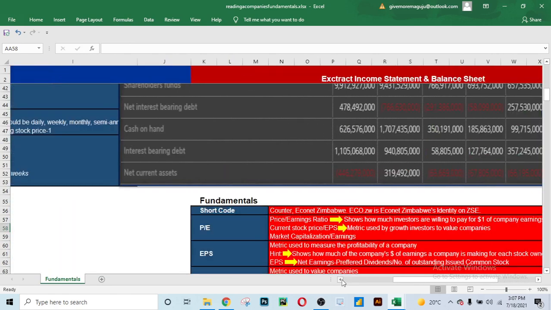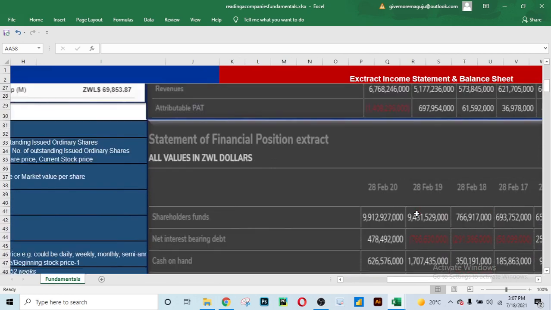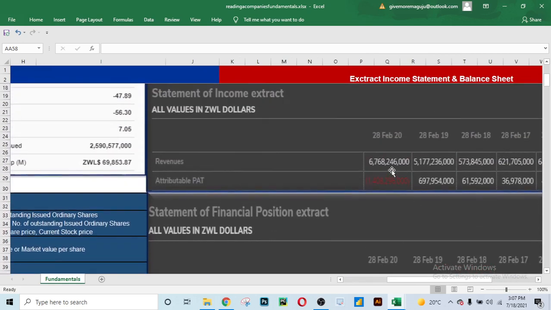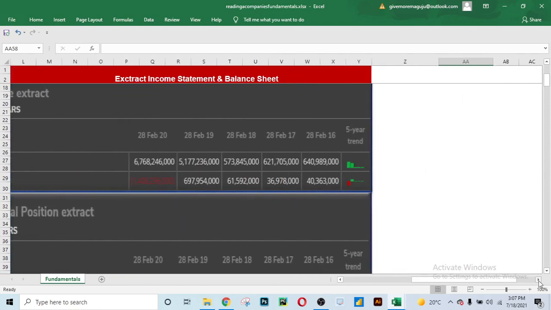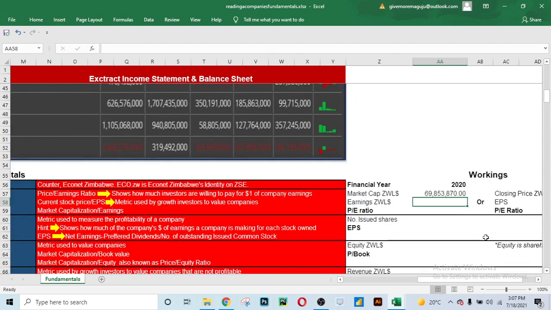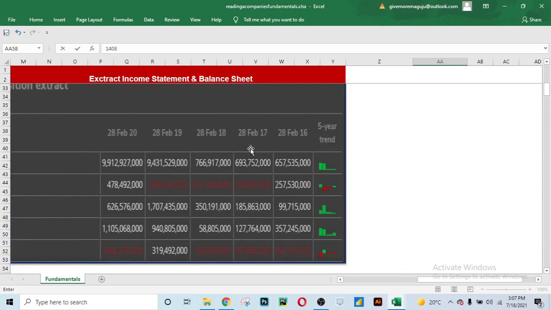So we can get our earnings from this income extract. Okay, so our earnings here, I'm having trouble to see properly, but let me do this. So it's 1408. Let me go back again.